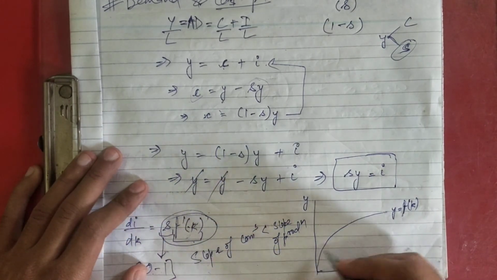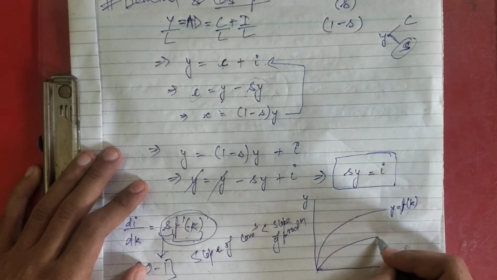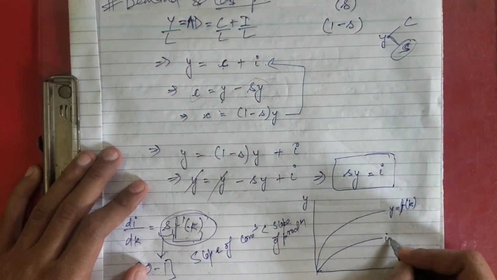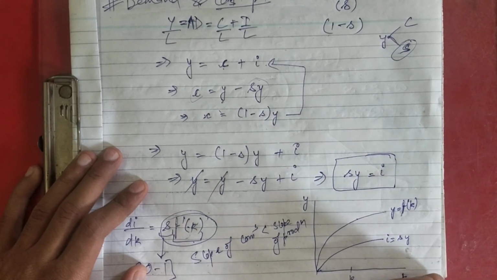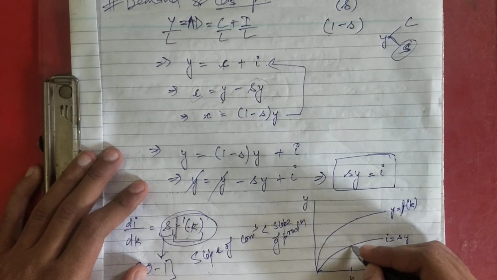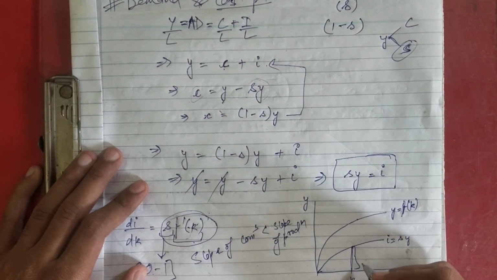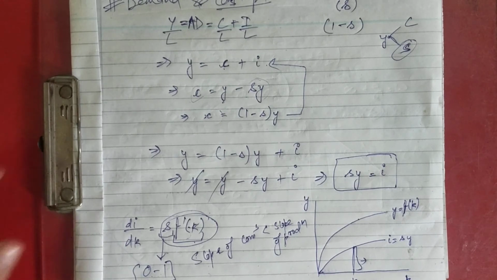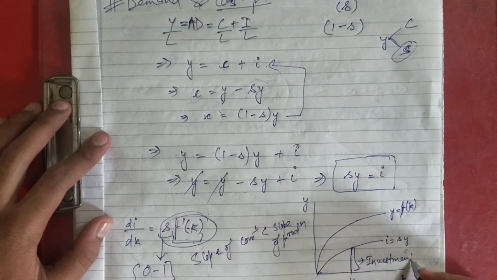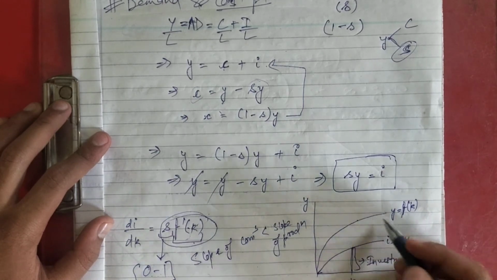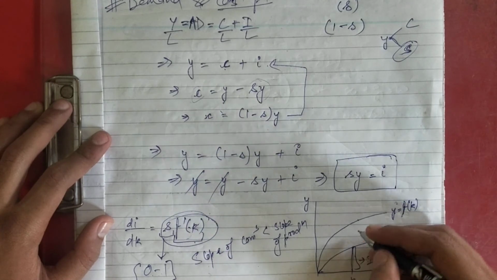So it will be lower and flatter, right? Let's say this is it. At any point, let's say this point, this is your investment or saving, and we know that if we subtract investment from y, we are left with consumption.